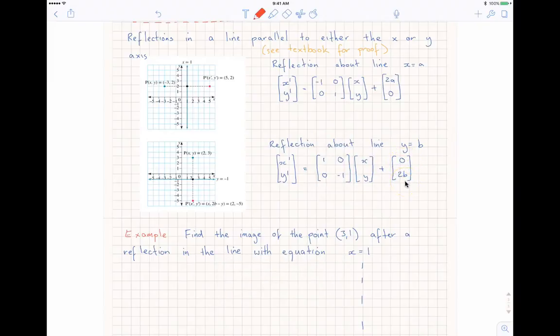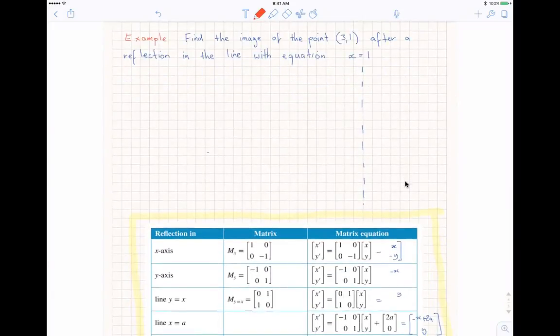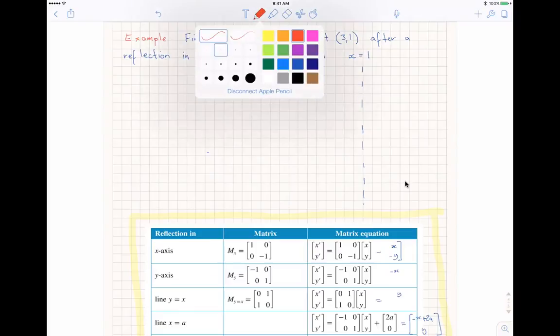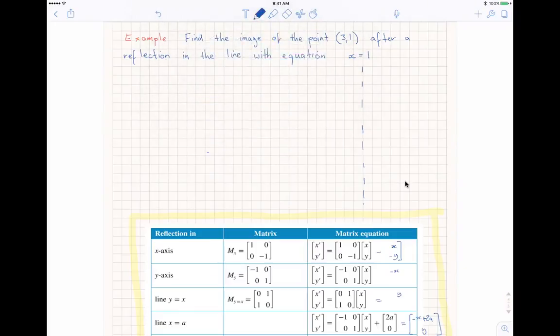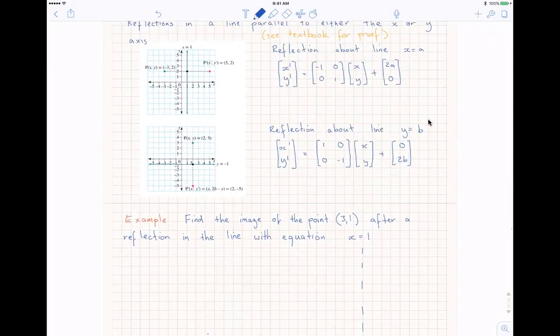So an example. We're asked to find the image of the point 3, 1 after a reflection in the line with the equation x equals 1. We're going to use this setup because we're reflecting around the line x equals 1.